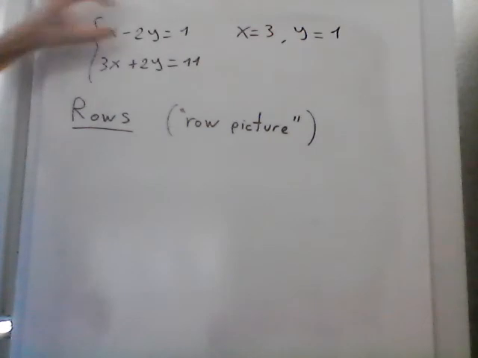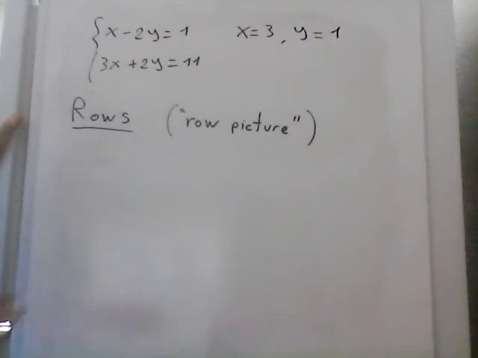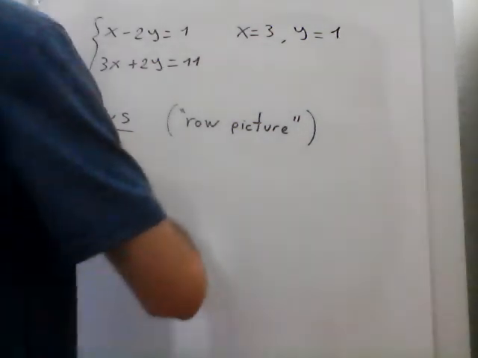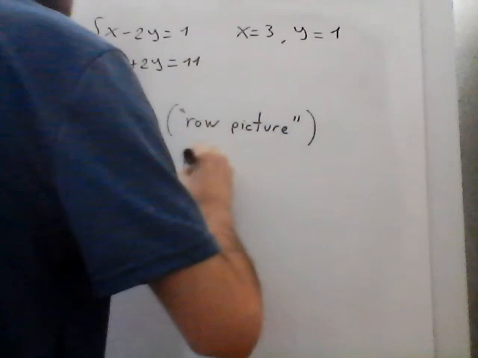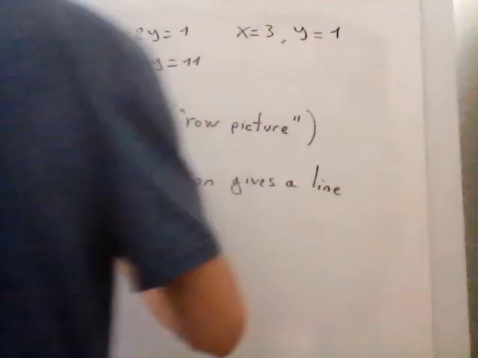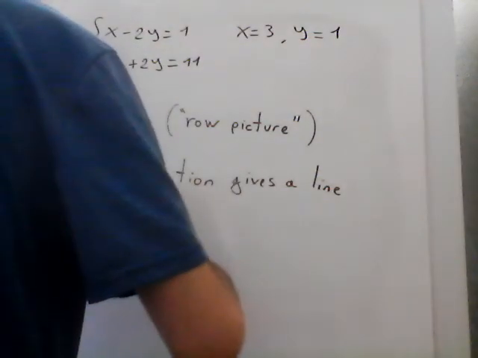Okay, so the rows are two equations in variables x and y. As you already know, equations in two variables give lines in the plane. So each equation gives a line in the plane.